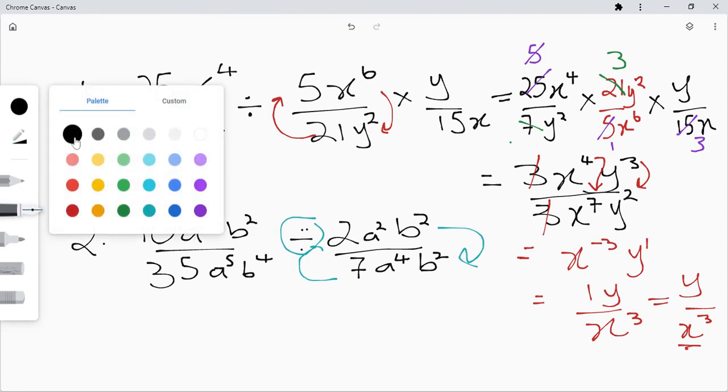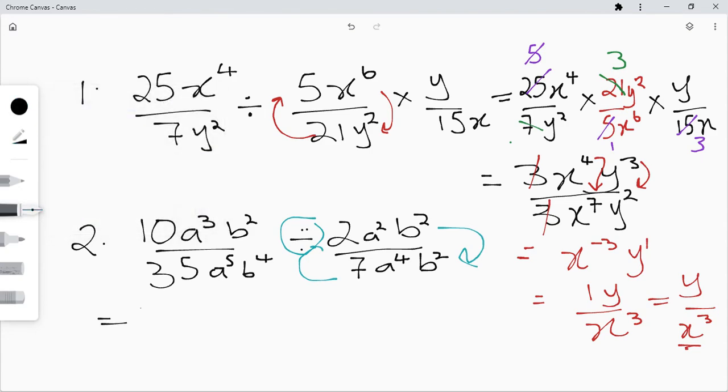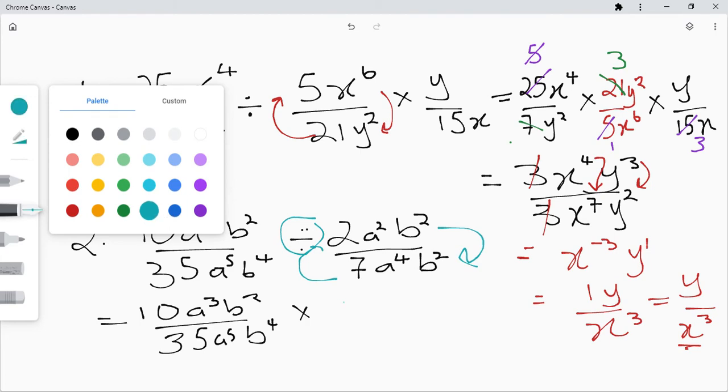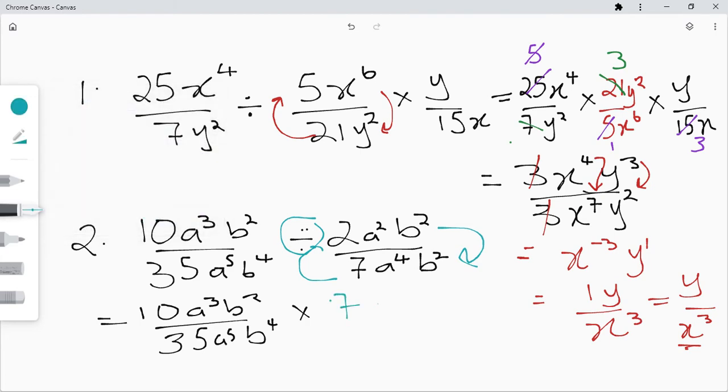So we're going to have 10a cubed b squared over 35a to the power 5 b to the power 4, times 7a to the power 4 b squared over 2a squared b squared.